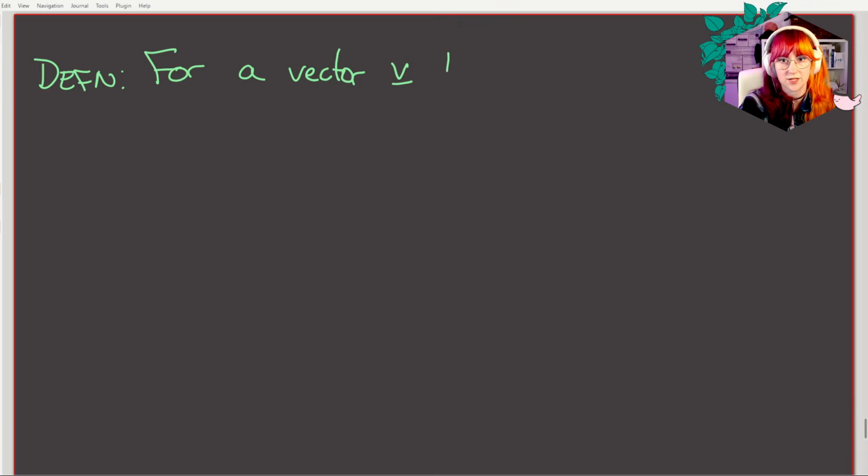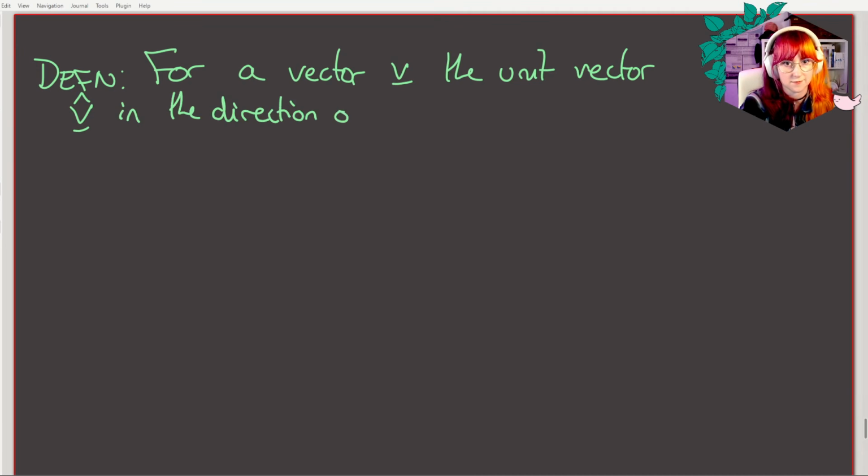For a vector v, we define the unit vector v hat, and then we write this out as v hat is the vector v divided by the norm of v.